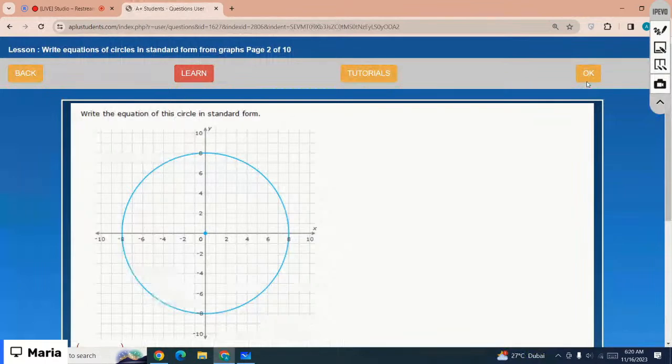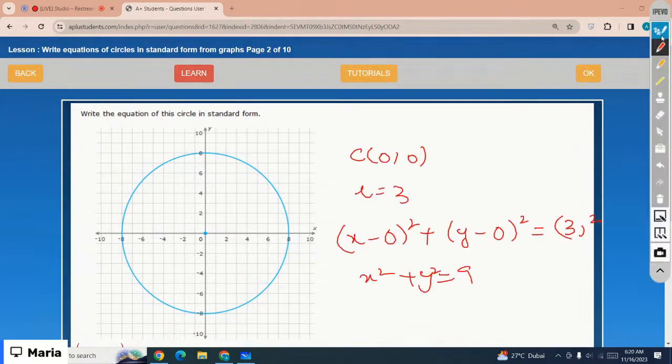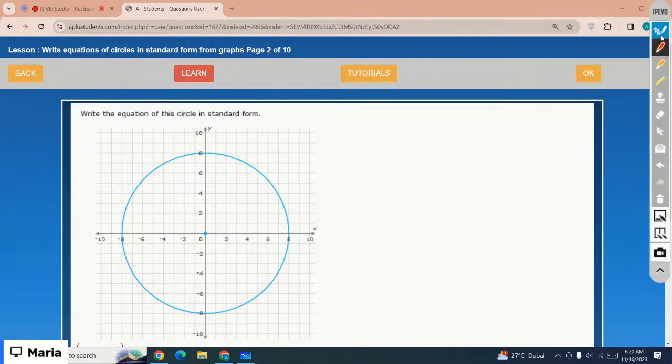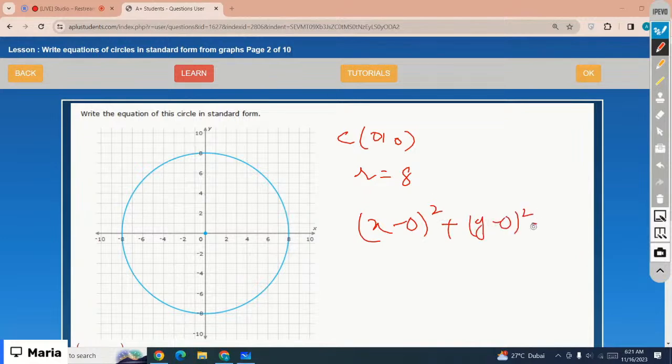Okay, write the equation of the circle in standard form. So the center of the circle is 0, 0, right? And the radius is r equals 8. You can see from here to here the distance is 8, so the radius is 8. So the equation would be (x minus 0) whole square plus (y minus 0) whole square equals radius square, right?